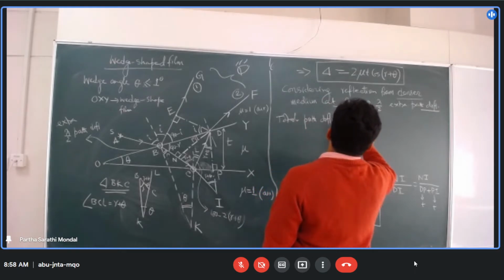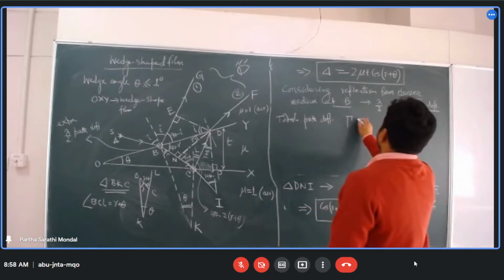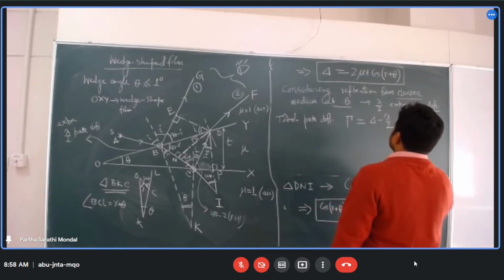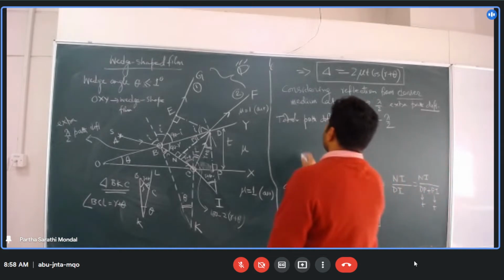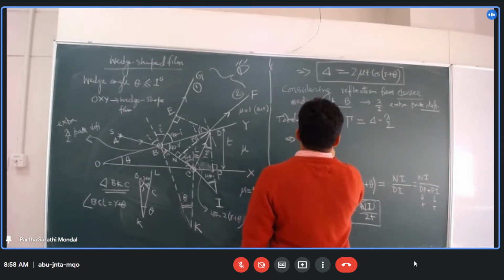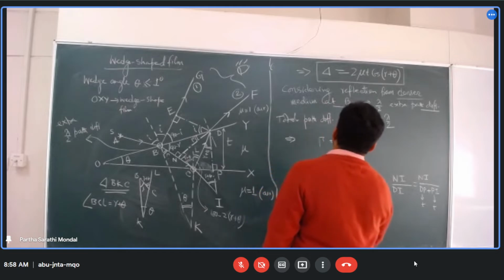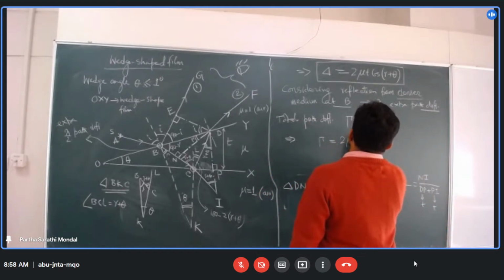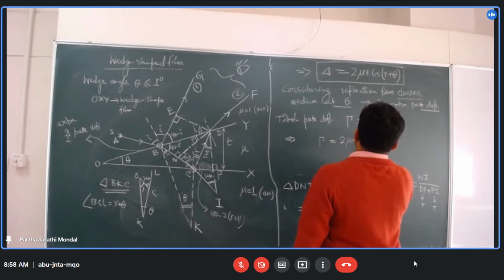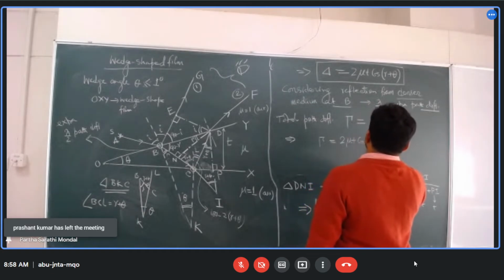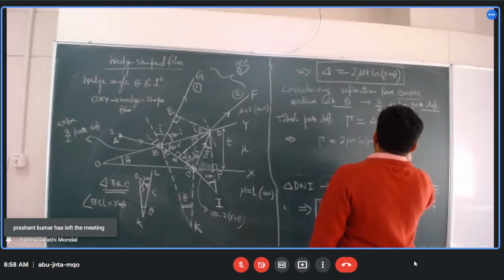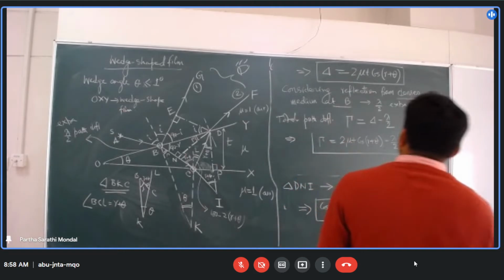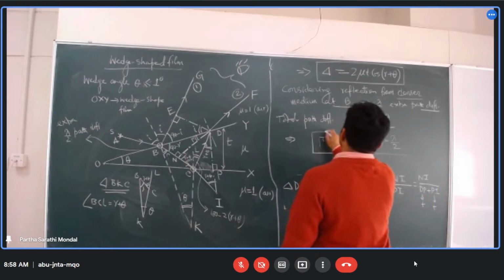Let's say it is gamma. It will become delta minus lambda by 2. So if I put it here, it will become 2 mu t cos of r plus theta minus lambda by 2. So this is the total path difference between ray 1 and ray 2.